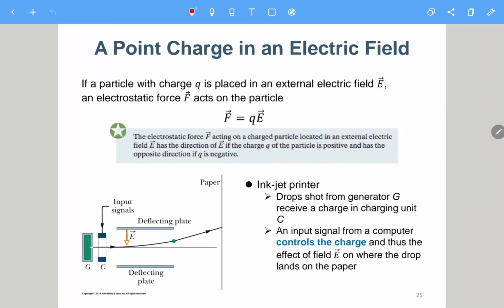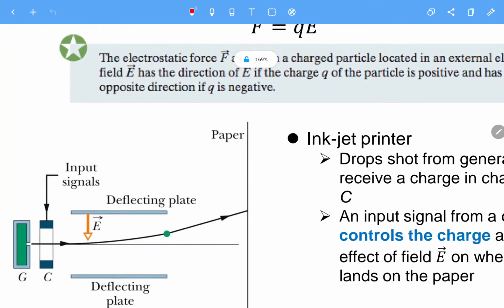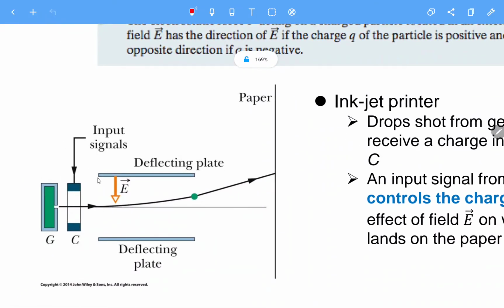Okay, so here is an application of the parallel plate. It's called a point charge in the electric field. Actually this is a simplified diagram for the inkjet printer. There is a parallel plate here, and we can put some charge, suppose uniformly distributed on these two plates.